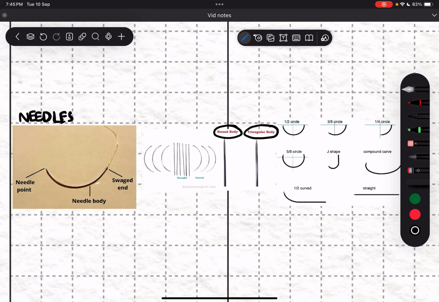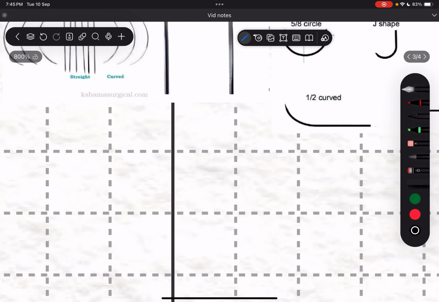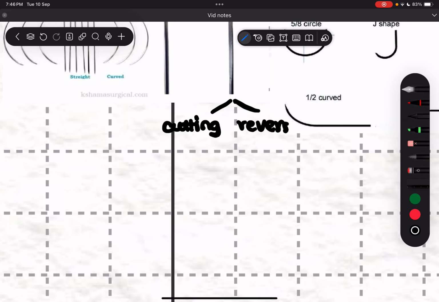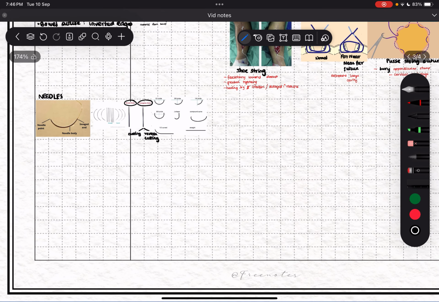A triangular body needle may be either a cutting needle or a reverse cutting needle.